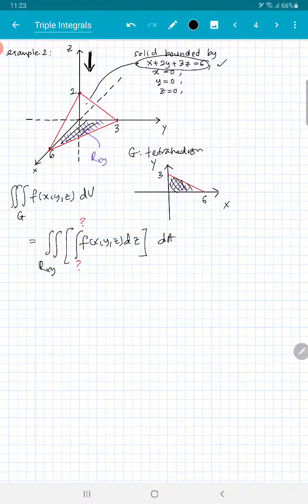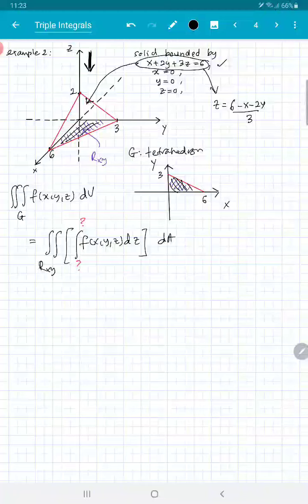But then we have to rewrite this so that you have z as a function of x and y. So rewriting that plane, z is equal to 6 minus x minus 2y over 3. That would be your upper limit for z.